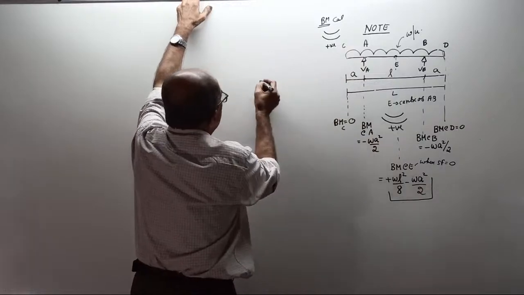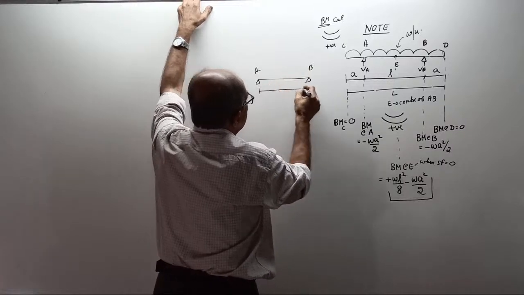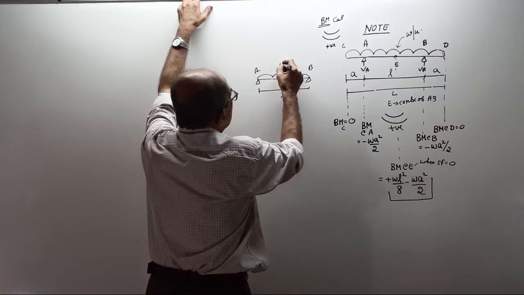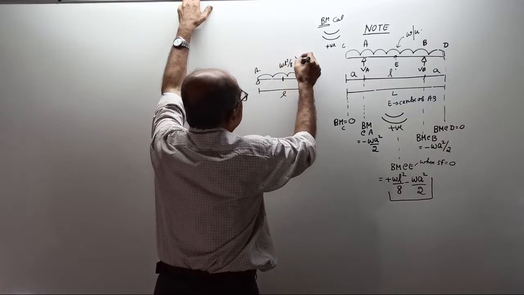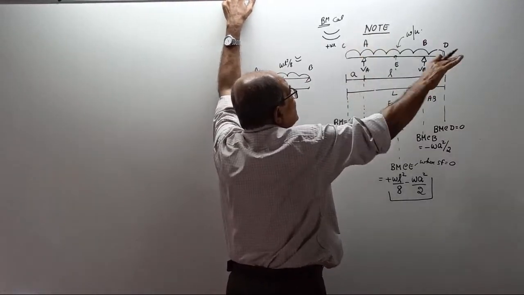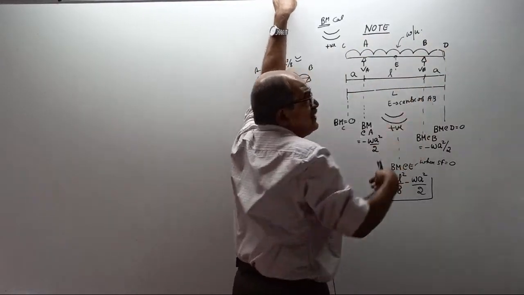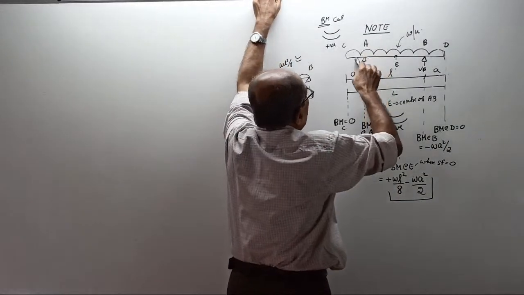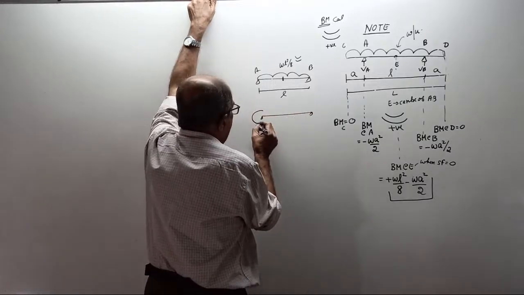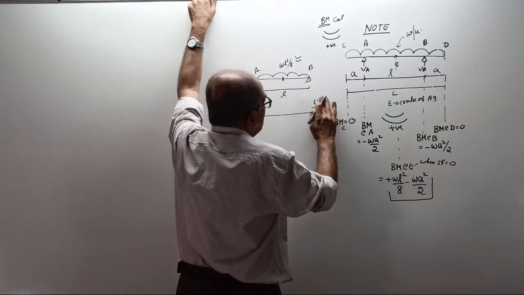Remove the overhang. Consider a simply supported beam AB of span L subjected to UDL. You know the bending moment here is WL square by 8 sagging. Now, because of the overhangs, on the inner side there will be an anti-clockwise couple here and a clockwise couple there. This is not bending moment. Both are WA square by 2.